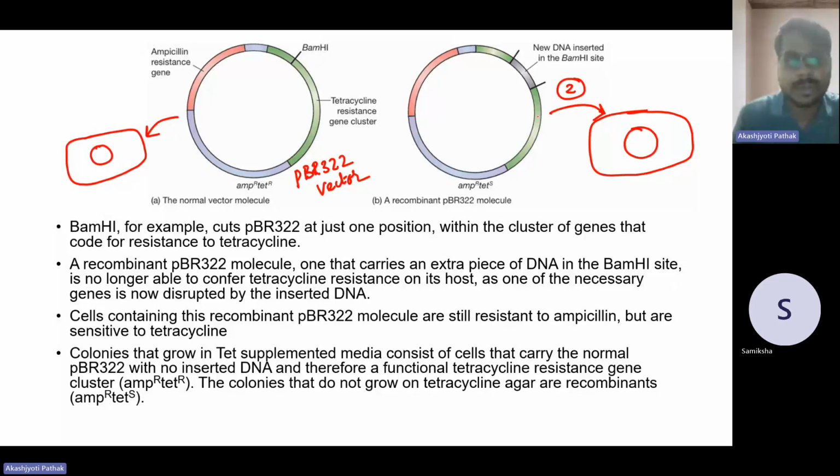You have transformed this plasmid vector into this bacteria, and this type of plasmid into this bacteria. Now you tell me, can this type of bacteria grow in ampicillin or can it grow in tetracycline?